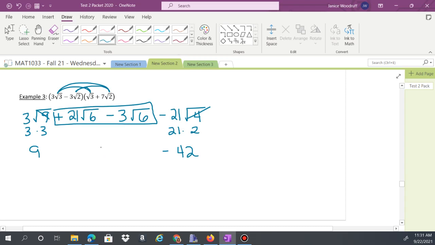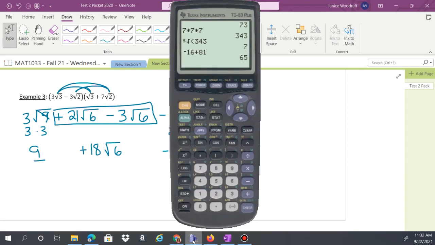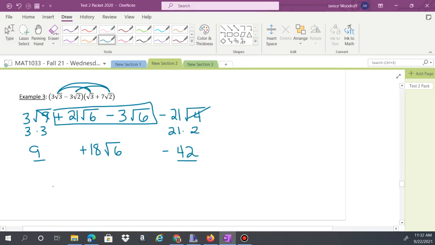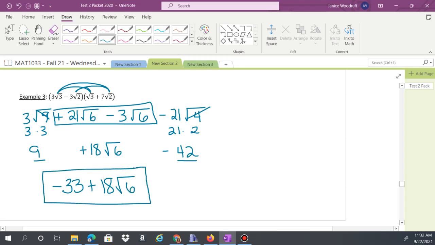So I can add those. 21 minus 3 will give me 18. And then I want to do 9 minus 42, because those are both just numbers. So negative 33. So negative 33 plus 18 root 6. You could do 18 root 6 minus 33 too, but typically we put the radical at the end.